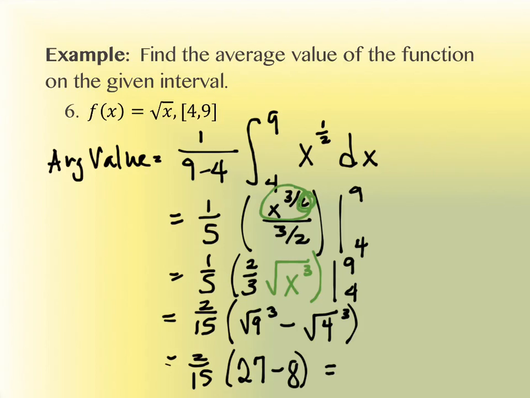What is 19 times 2 over 15? 38 over 15. I was like, there's something wrong about that, I didn't think I reduced anything in my notes. There we go, 38 over 15. And those don't reduce because 38 is not divisible by 3 or 5. So we have 38 over 15.